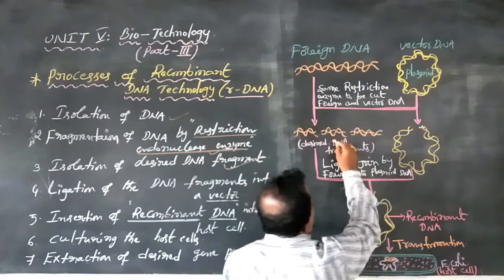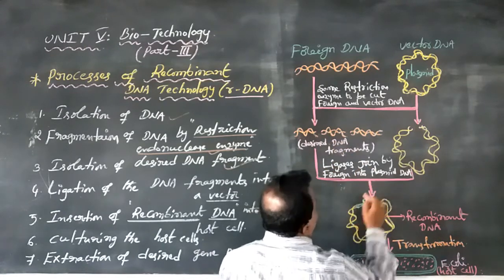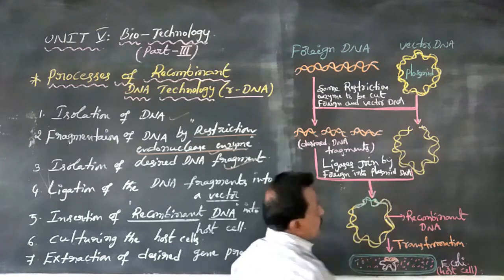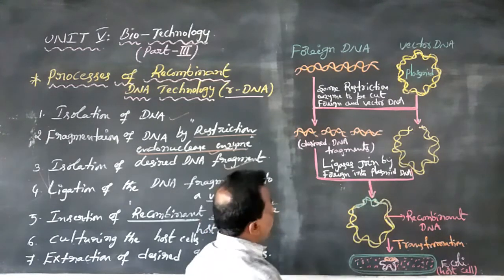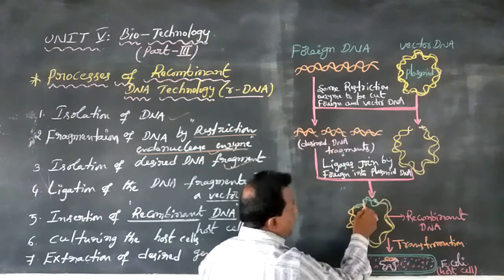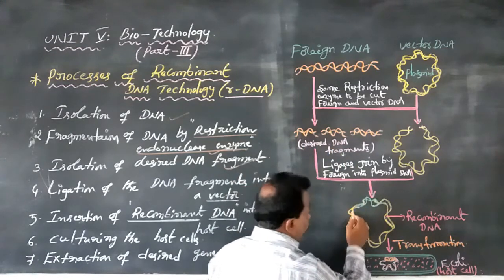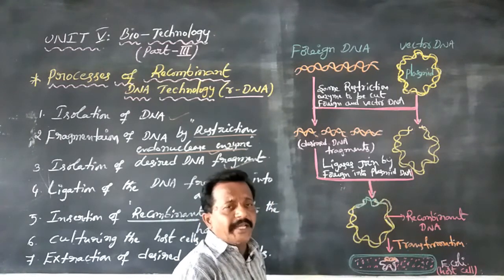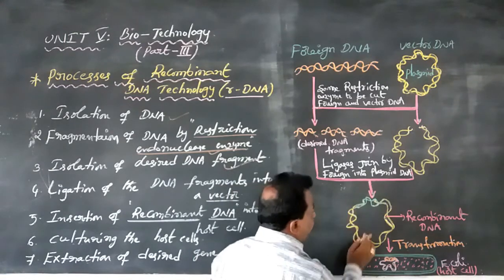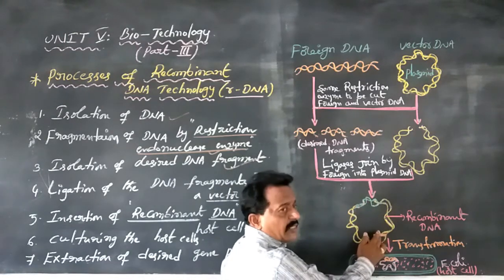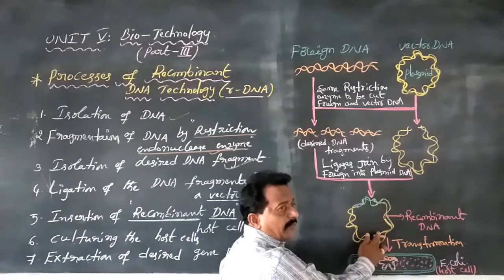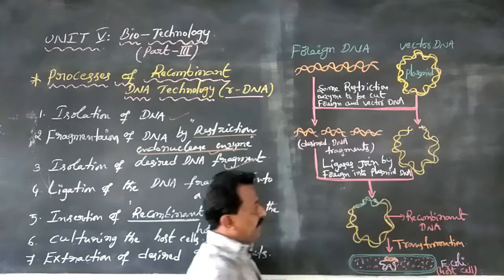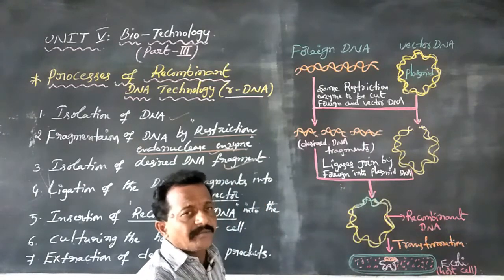Then the foreign DNA is incubated with the plasmid DNA, and one foreign DNA fragment is joined to the vector DNA with the help of DNA ligase. One new combination of circular, autonomously replicating DNA is created, that is known as recombinant DNA.